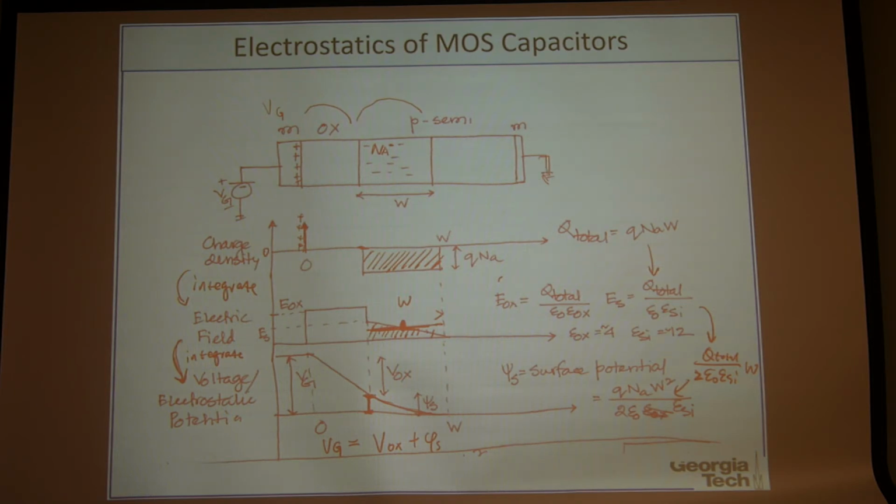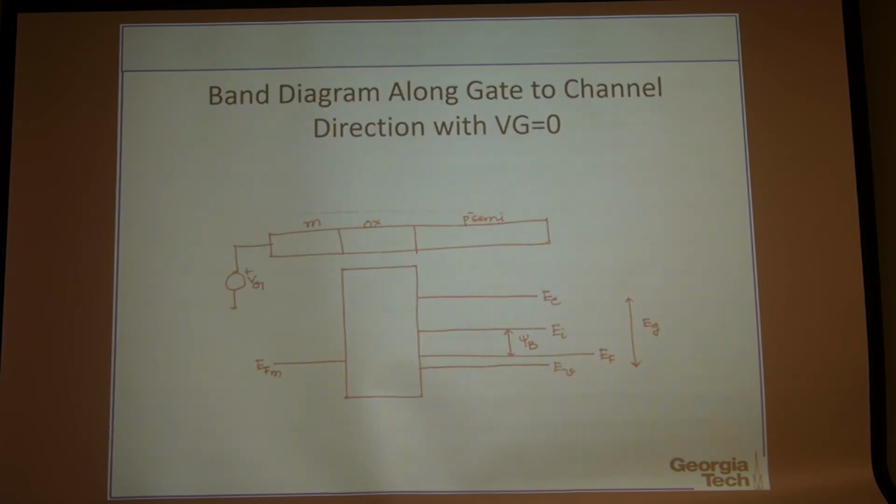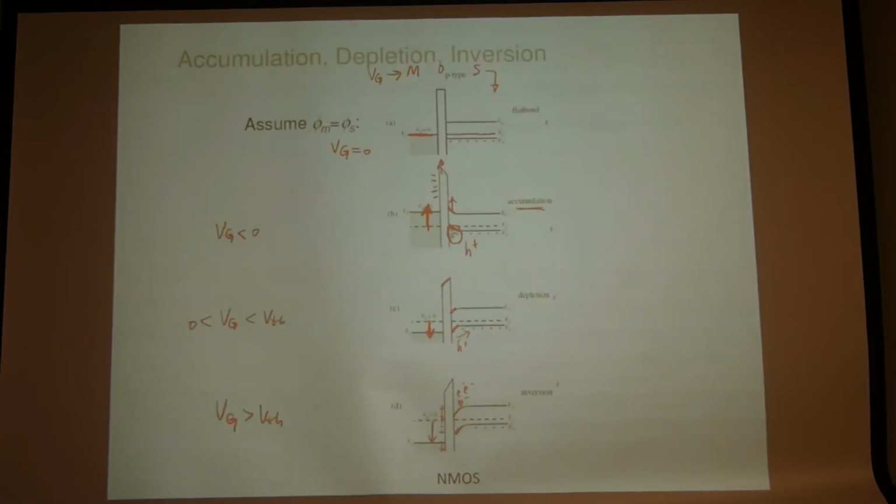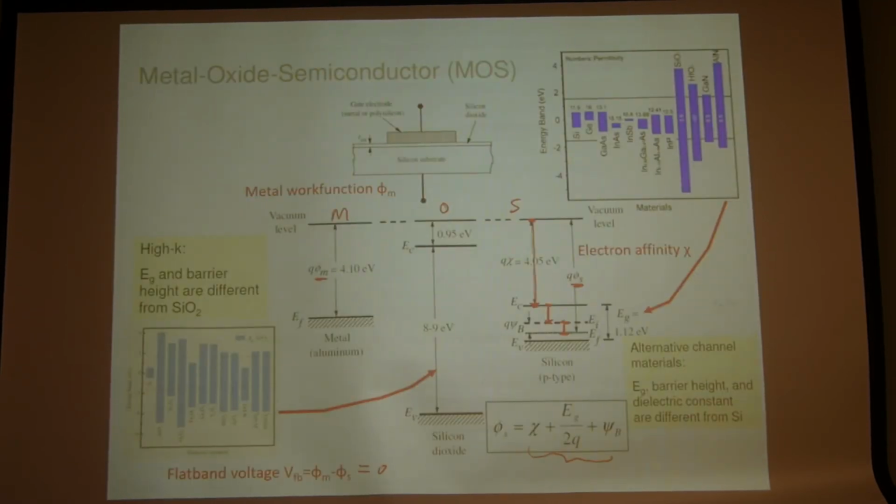What is the VFB? VFB is the flat band voltage, which we assume to be zero in our derivation. But in reality, due to different metal or different semiconductor, VFB is defined as the metal work function minus the semiconductor work function, which is different. This one is the distance between the vacuum level and the Fermi level of the semiconductor. If there's no difference here, then VFB equals zero.